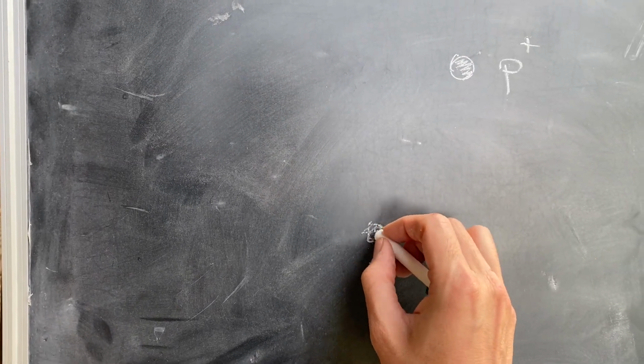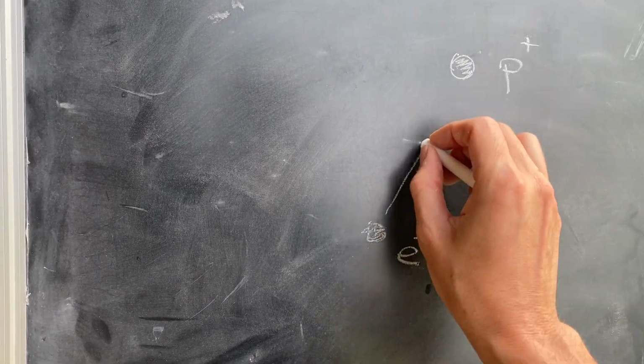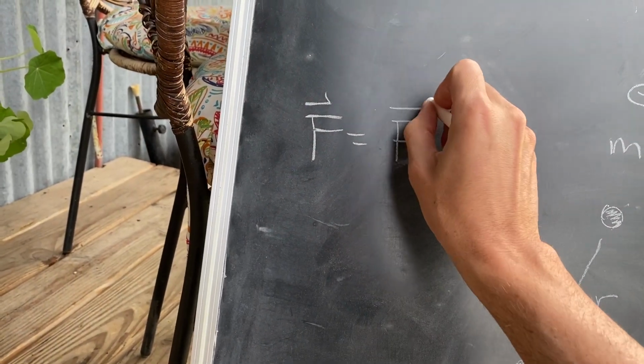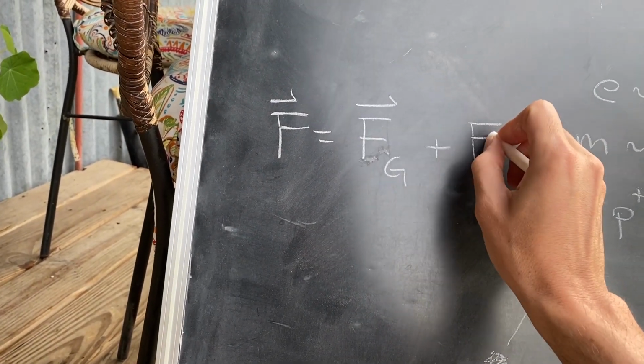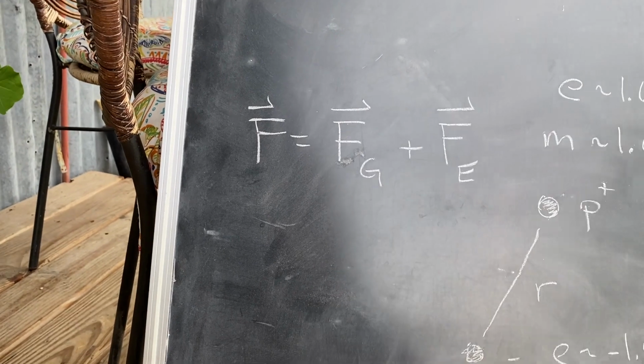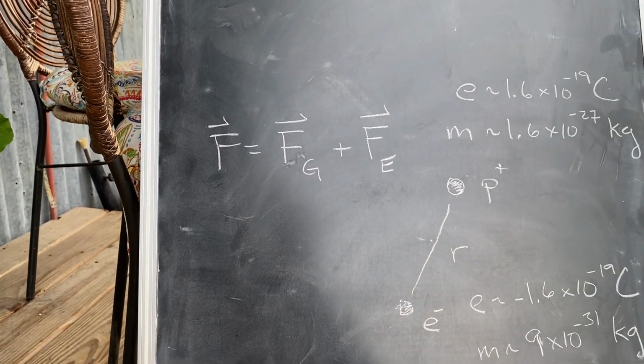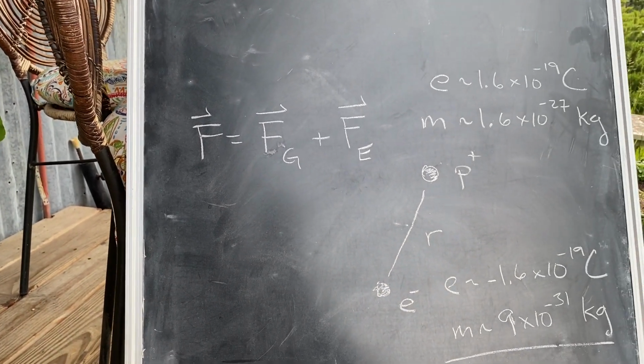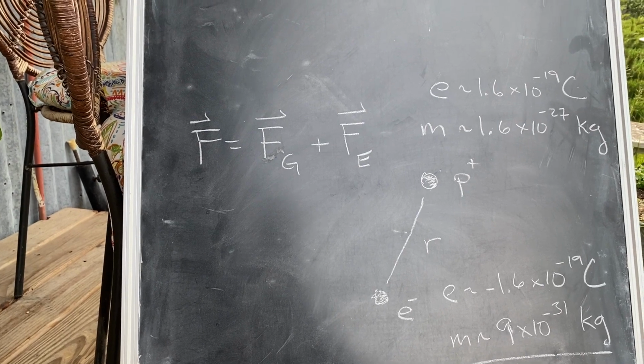So for today, we'll be considering subatomic particles, that is to say, protons and electrons. So the total force between the proton and the electron is the sum of the electric force and the gravitational force between the two. To compare both forces, we can simply evaluate using the known masses and the known charges and the known constants of proportionality for each force.